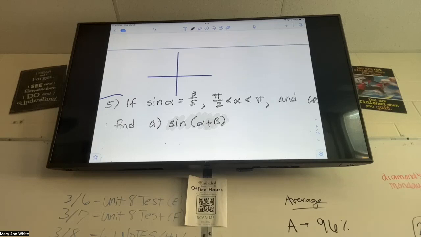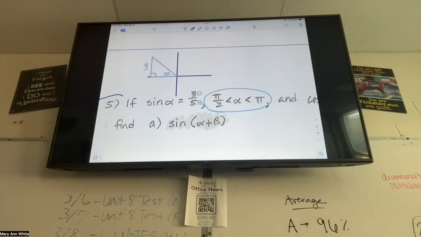Now it says alpha is in between pi over 2 and pi. What quadrant is that? Second quadrant. So draw a triangle somewhere in the second quadrant. And we're gonna label that angle alpha. If I know that my sine is 3 over 5, then that means we know our opposite is 3 and our hypotenuse is 5.